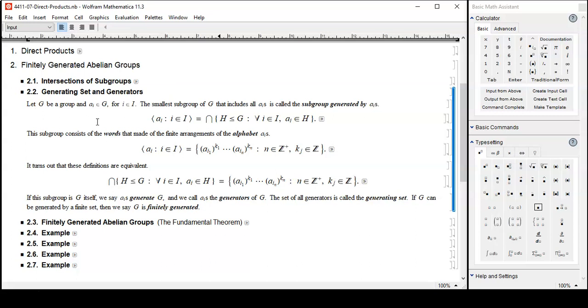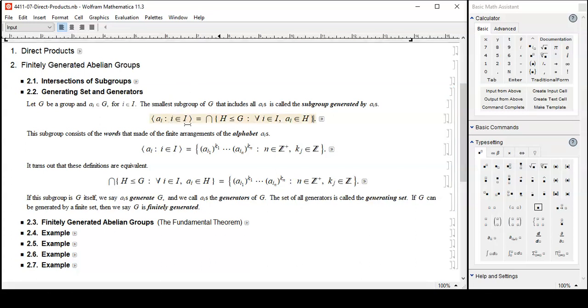Let G be a group, and let a_i be members of G for all i in I. That's going to be 1, 2, 3, 4, possibly to infinity or more, because this capital I is an arbitrary index set. The smallest subgroup of G that contains all the a_i is called the subgroup generated by the a_i, and we use this notation.